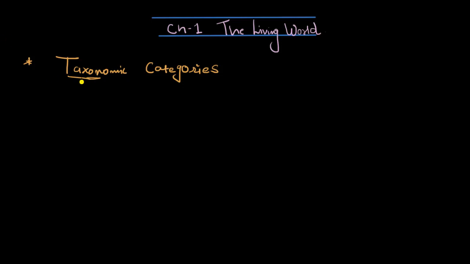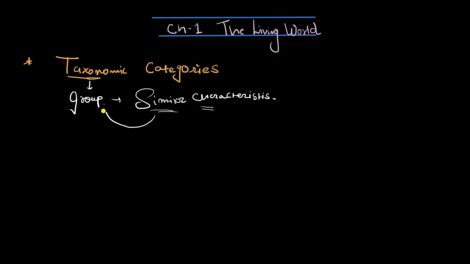Both of them are basically, in a very simple way, a group of particular living things which have similar characteristics. There are going to be some livings which have similar characteristics, and on the basis of that characteristic you have grouped them, and that particular group is what we call a taxon, remember?